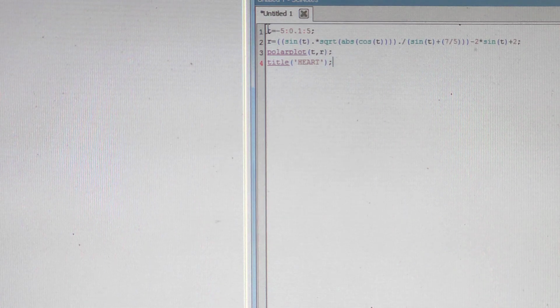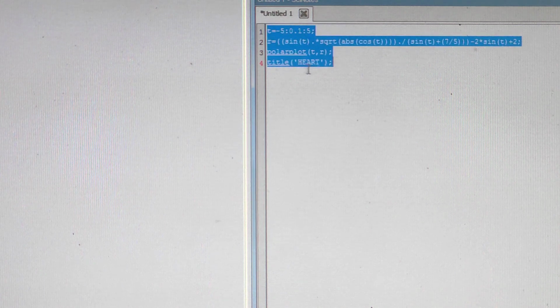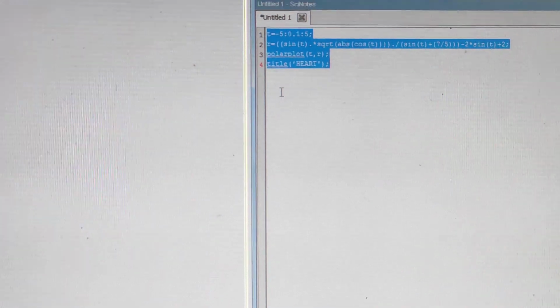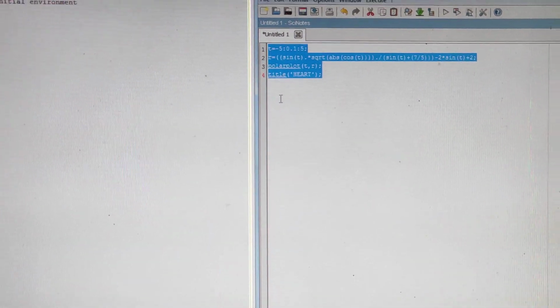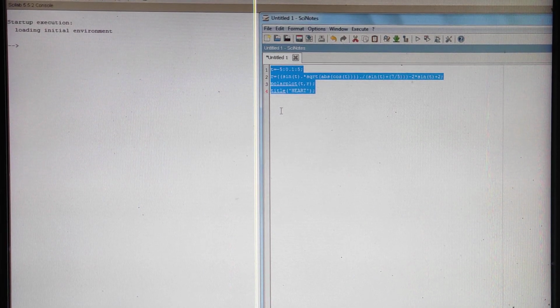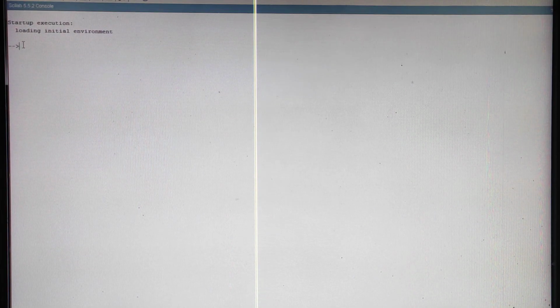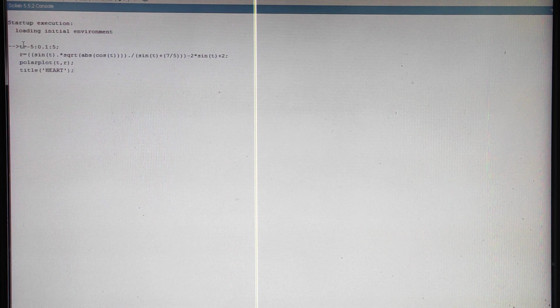Okay. So let us copy it and paste in the console. And then press the enter.